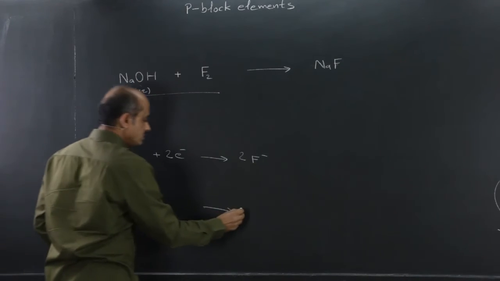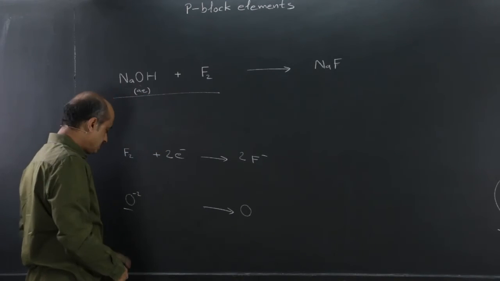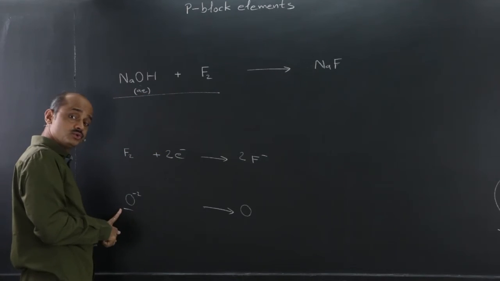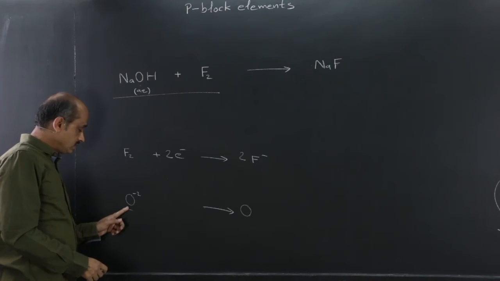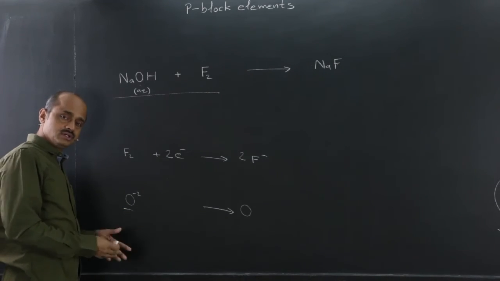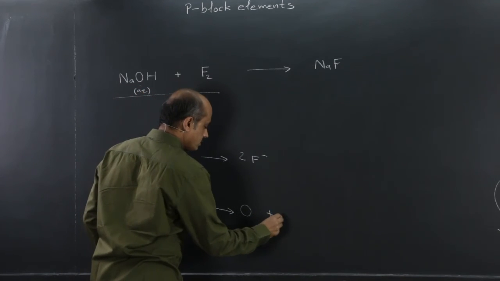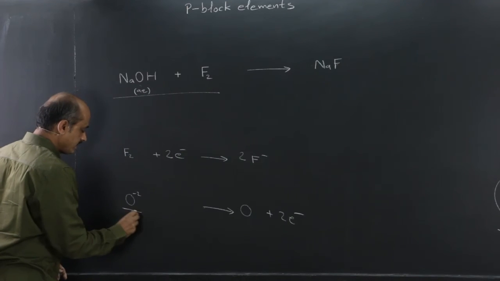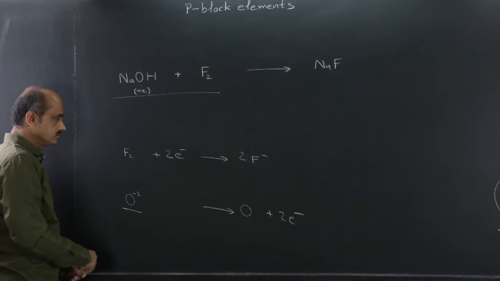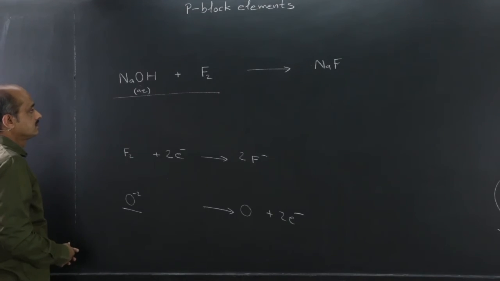Oxygen -2 changes to elemental form, from the electronic balancing point of view. In the compound, it is -2. Oxygen -2 in free form is not available, but the charge on oxygen in a compound is -2. When it becomes 0, it gives 2 electrons. So for one -2 oxygen in the compound, 2 fluorine atoms, that is the balancing form.